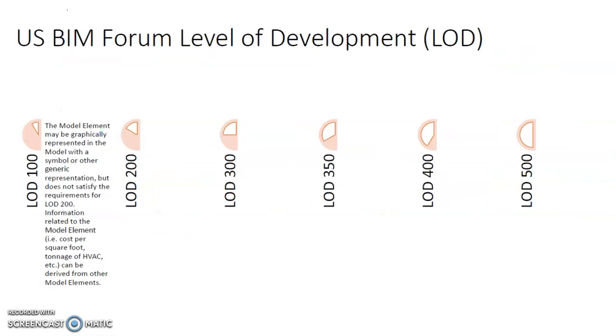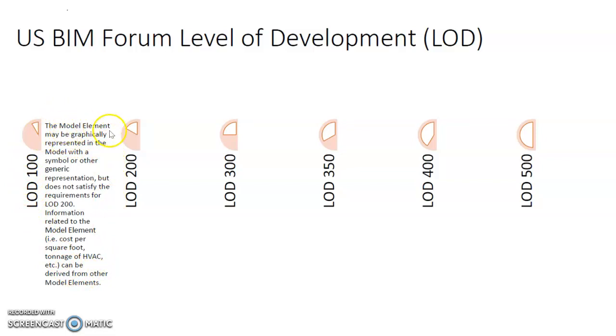In the US LOD system, there are altogether different categories: LOD 100, 200, 300, 350, 400, and 500. If your model is going to be at LOD 100, that is the lowest level, meaning that the amount of information that you want to put into your model can be as such.